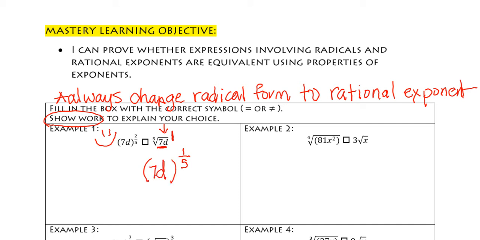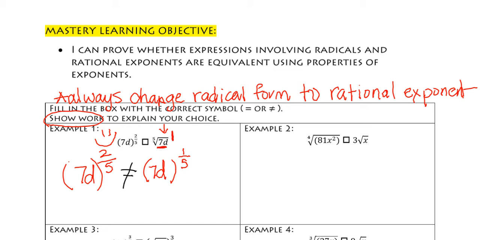So 7d raised to the 1/5 power. And like I said, this side is already in the form that we would like. So 7d raised to the 2/5 power, is it equal to 7d raised to the 1/5 power? No, it's not. That's how we get our not equals.